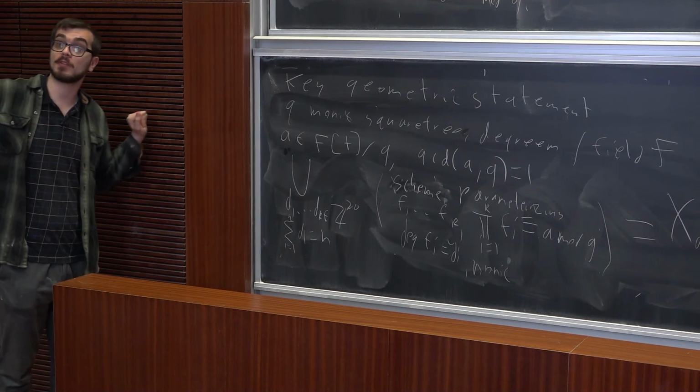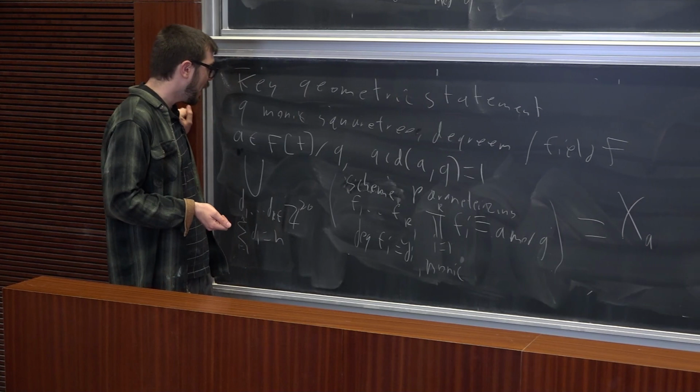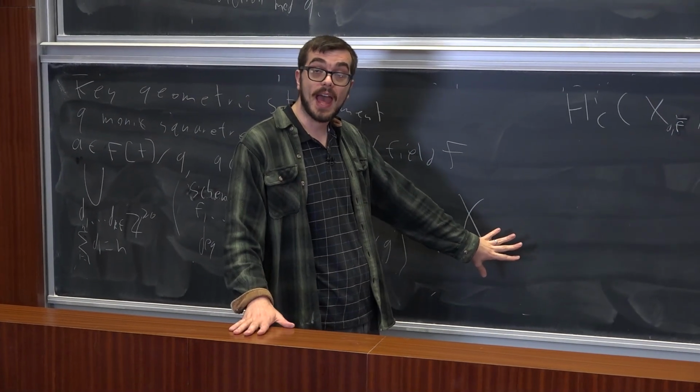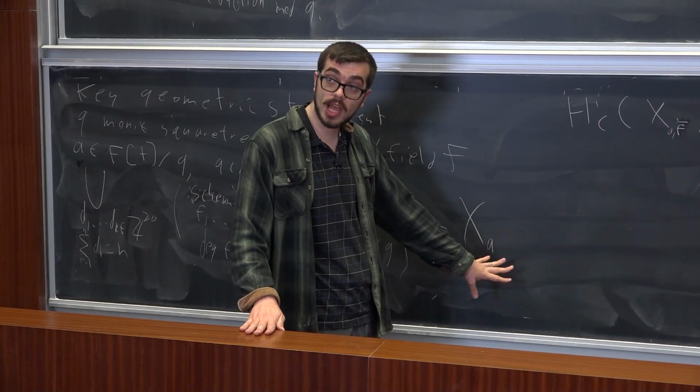There's a torus parameterizing the valid values of A. And as you move A in this torus, the X_A space changes shape.